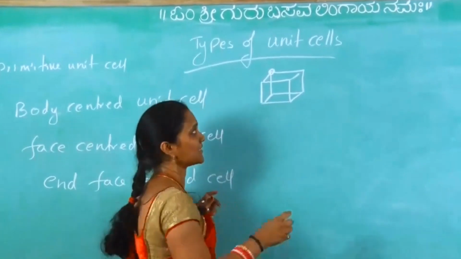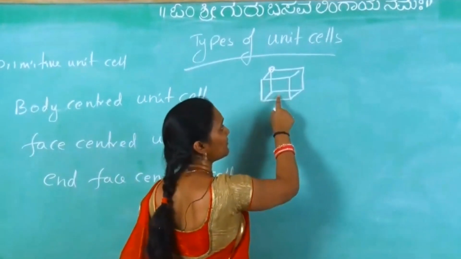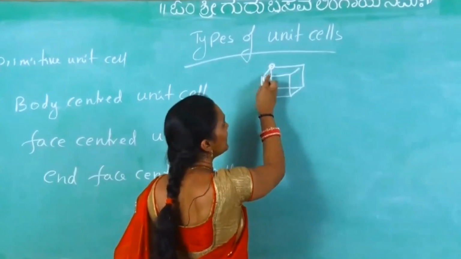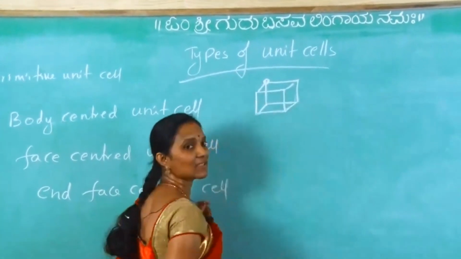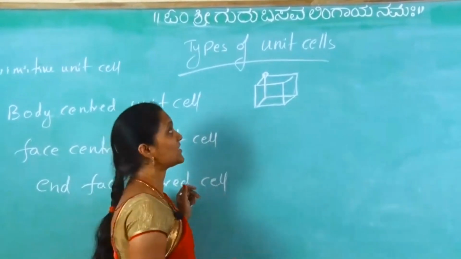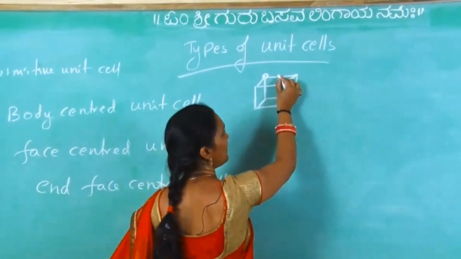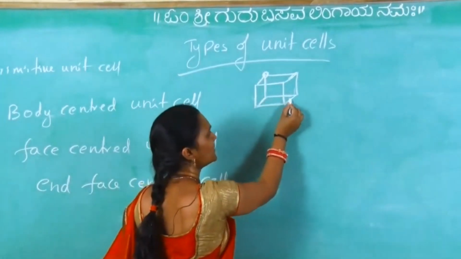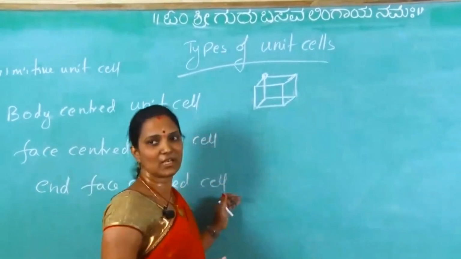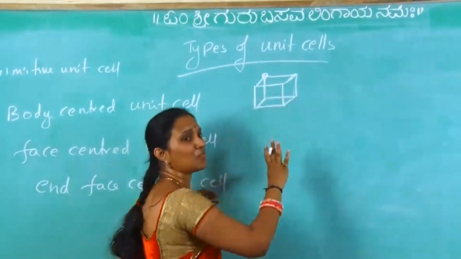Faces: top face, bottom face, left, right, and this is the front face, this is the back face. 6 faces. And 12 edges. And inside that is called the body center.